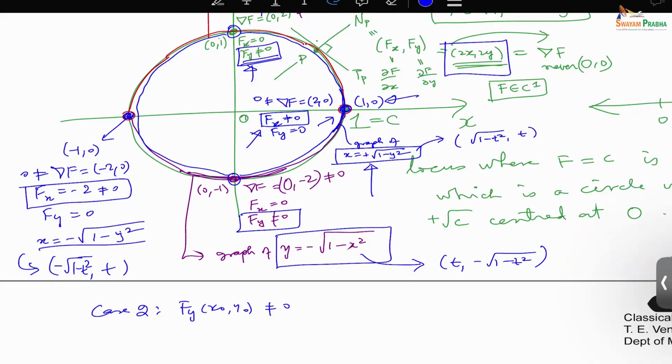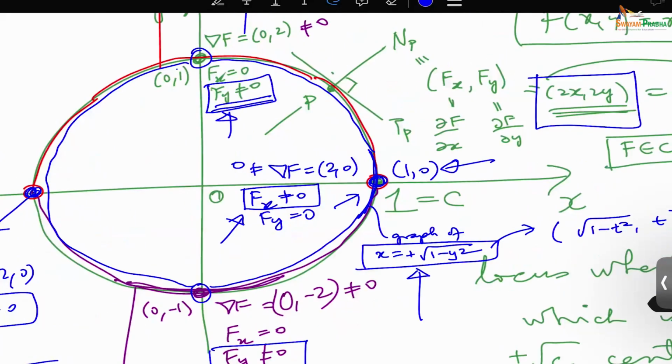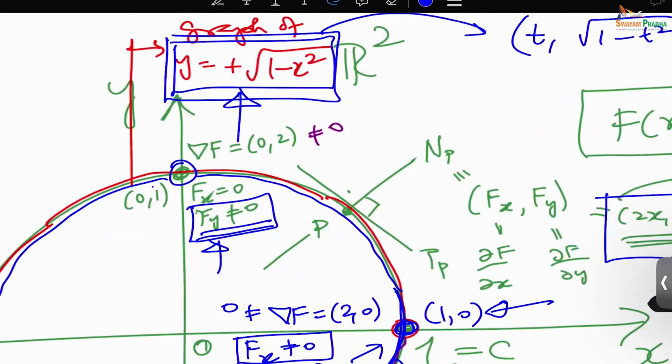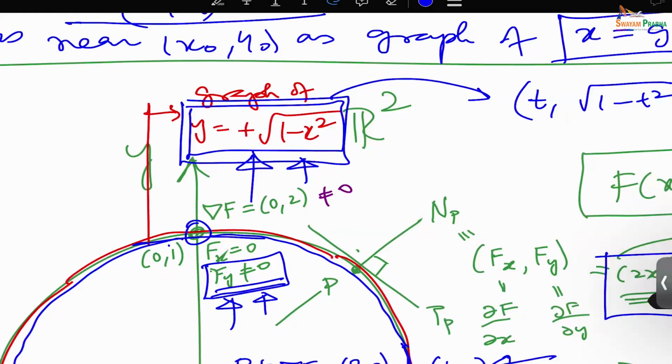If fy is not 0, then we are in this kind of situation. You are able to write y as a function of x, and the curve is locally at that point the graph of that function. So I'll just write it here.